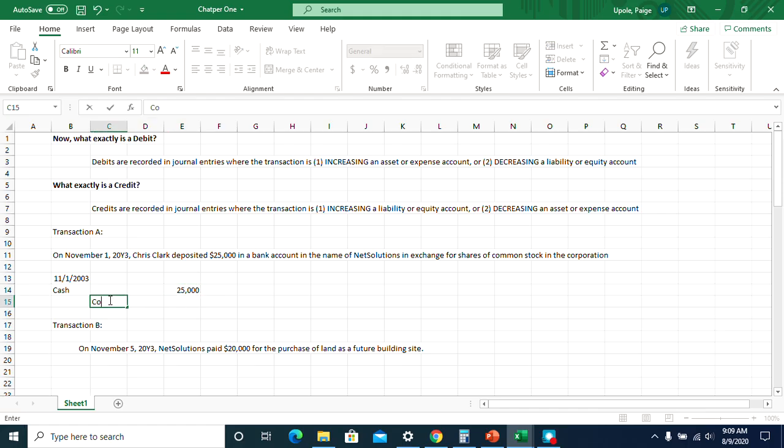And we know our credit is to common stock. That's a type of equity. And again, our amount is just the amount of the transaction. And then we always include a brief description of the business activity. So, invested in Net Solutions.